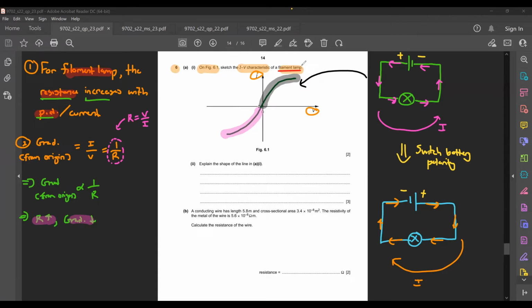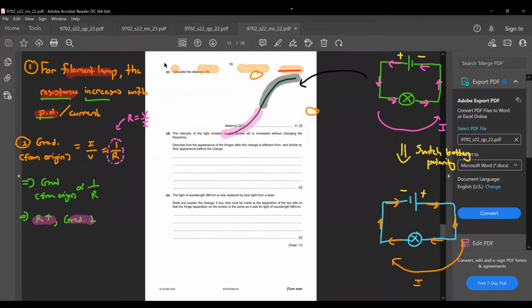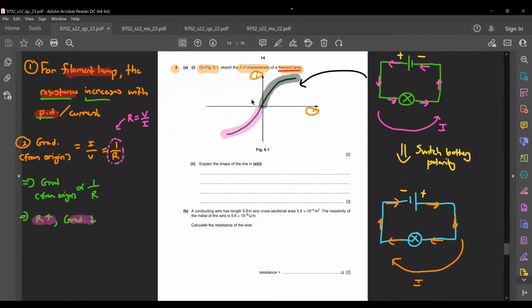All right. So let's just check the marking scheme, see what they say. They just say line passing through O and is in the first and third quadrants only, and the gradient of line becomes less steep in both quadrants and are roughly symmetrical. All right. So that makes sense. This is what we drew, following exactly what the marking scheme wanted.